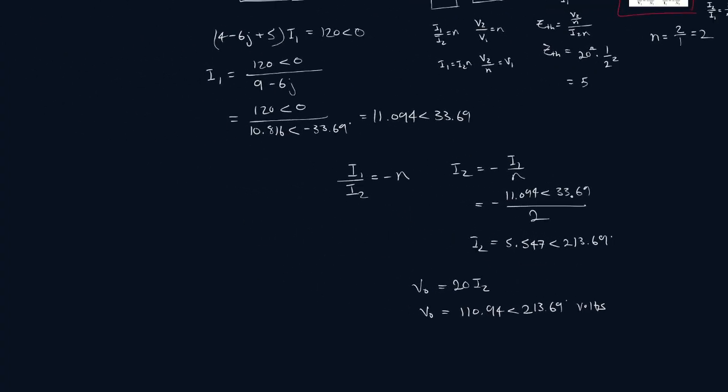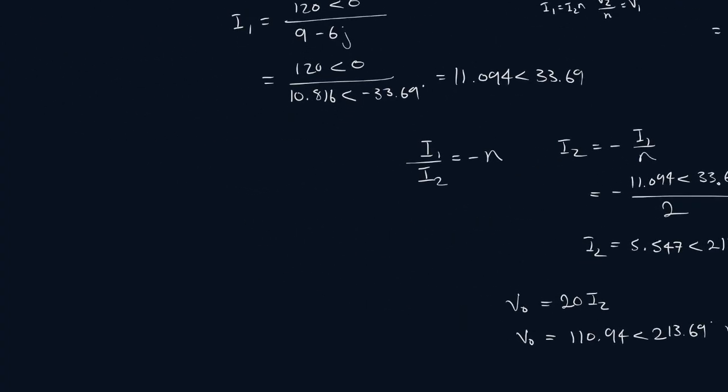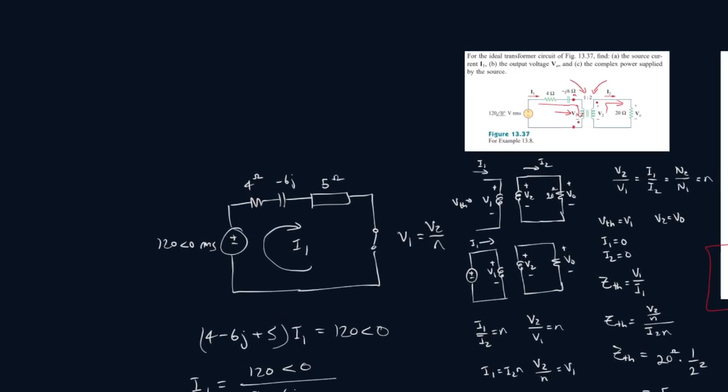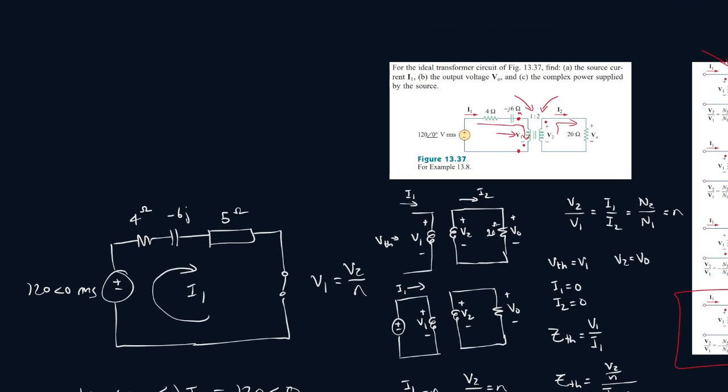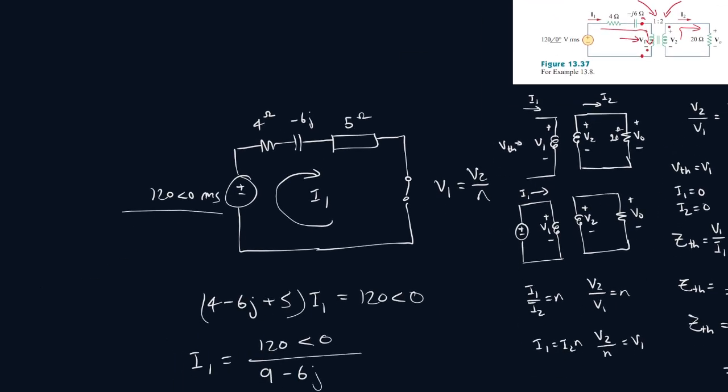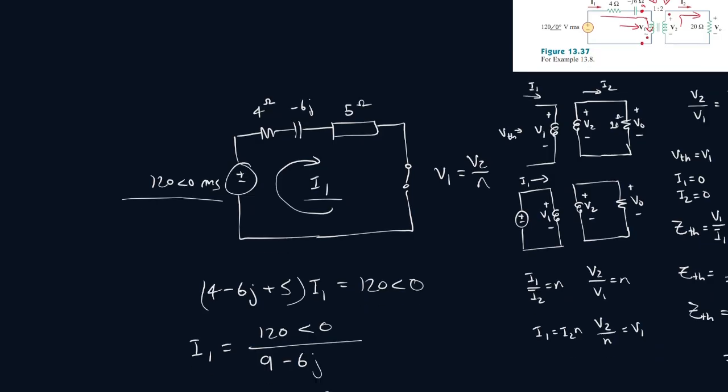Now our last part is to find the complex power. Complex power is equal to Vrms times the conjugate of Irms. So for the complex power supplied by the source, we take the source voltage and multiply it by the conjugate of I1.